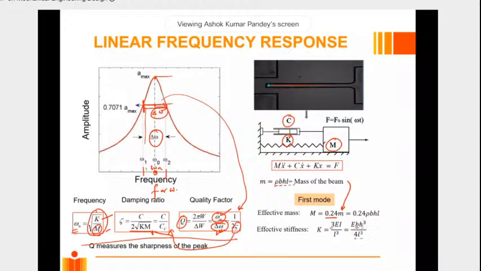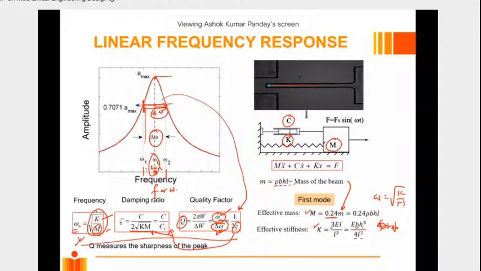Okay, so you are done with your M, you are done with your K. You can substitute these over here and compare this theoretical omega that you are going to find with the experimental omega to see how much deviation there is in your fabricated structure as compared to the design frequency.